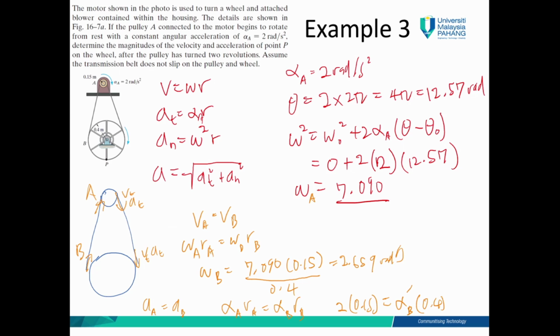So calculating for angular acceleration B, you should get 0.750 radian per second square.